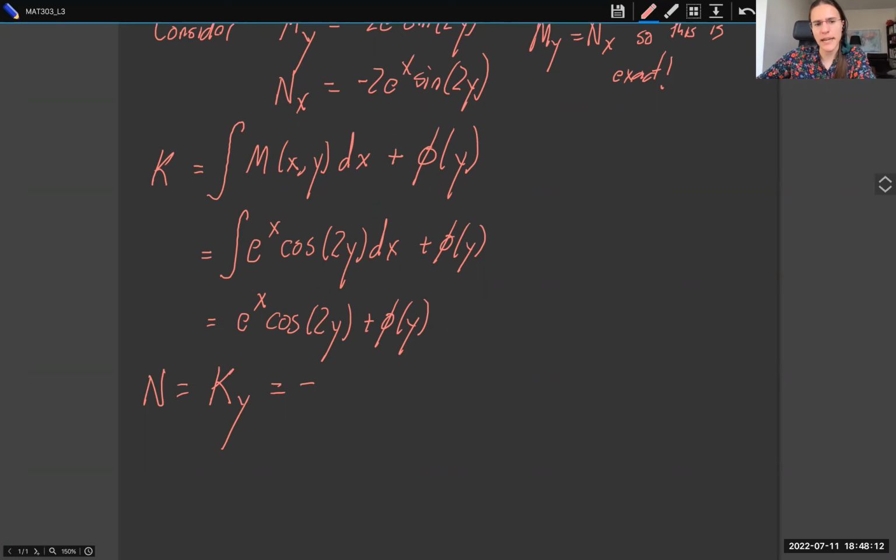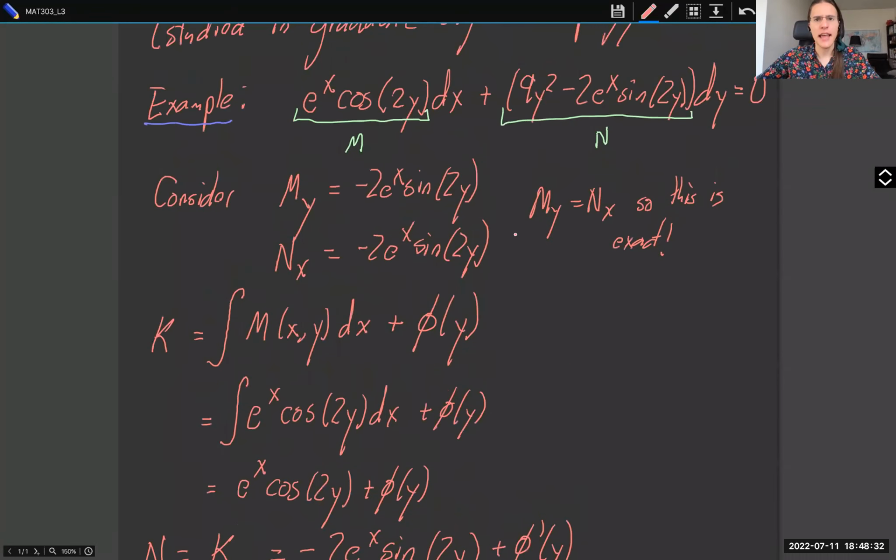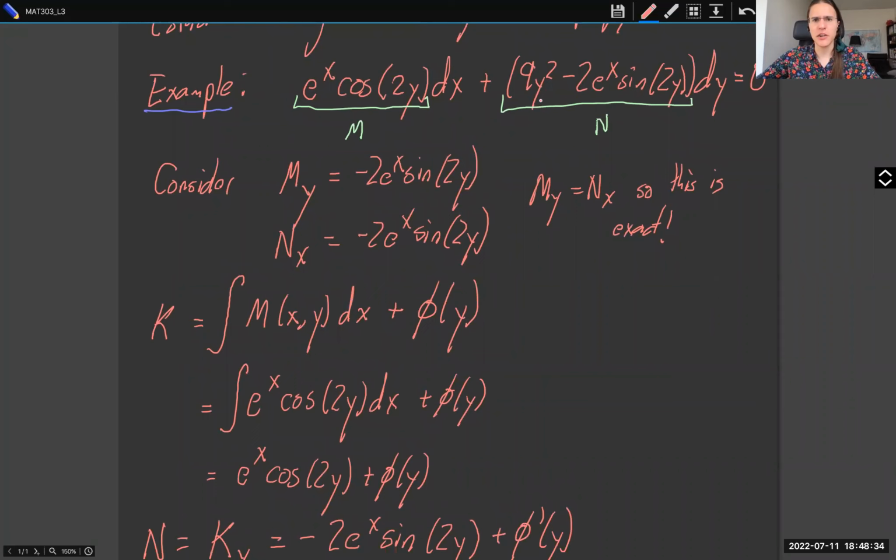So I get minus 2 e to the x sine 2y. And then I take the derivative of this with respect to y, and I get phi prime of y. And then if I look at what N is, this expression here, 9y squared minus 2e to the x sine 2y.